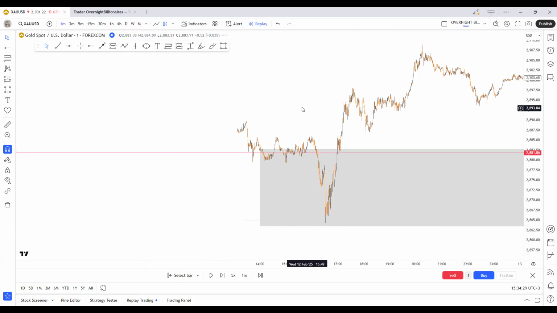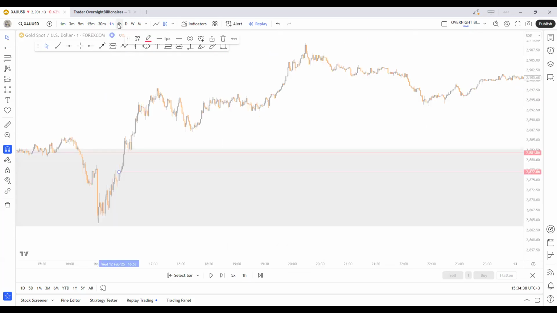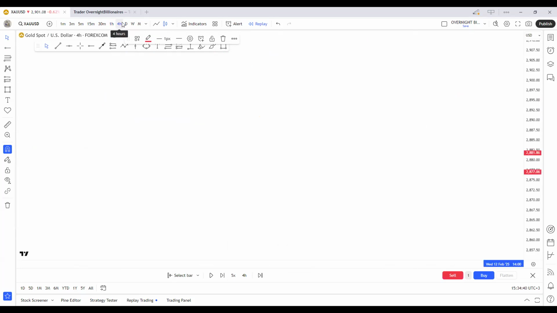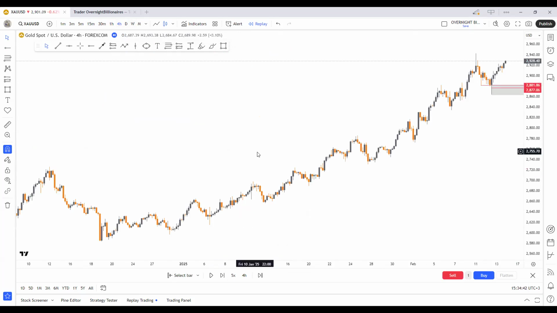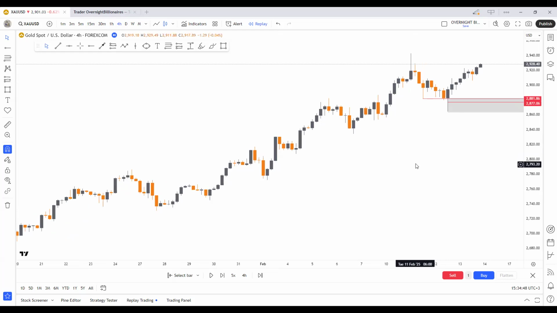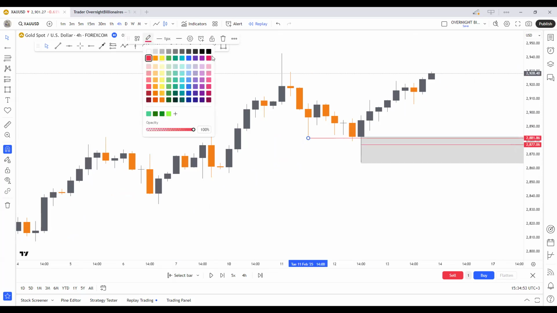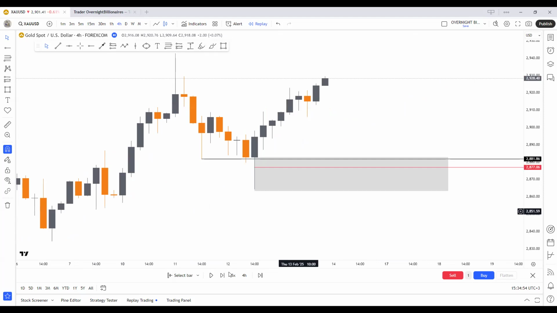So the area of liquidity that was not consumed here from the structure was this one. This was the area of liquidity that was not consumed. And that was supposed to be our entry point to the upside direction.